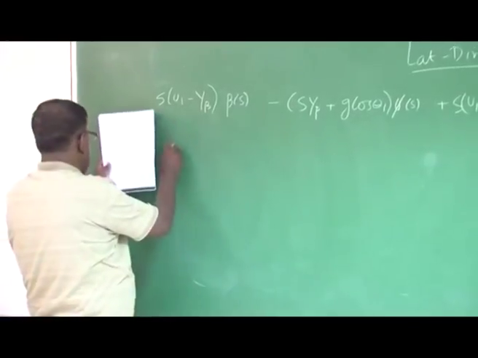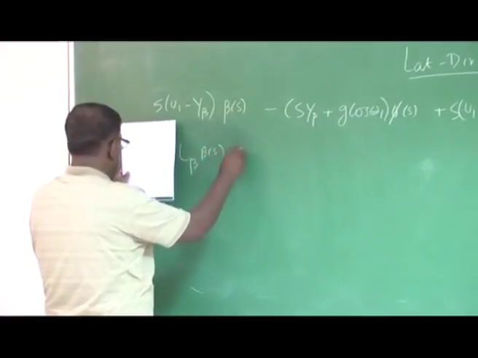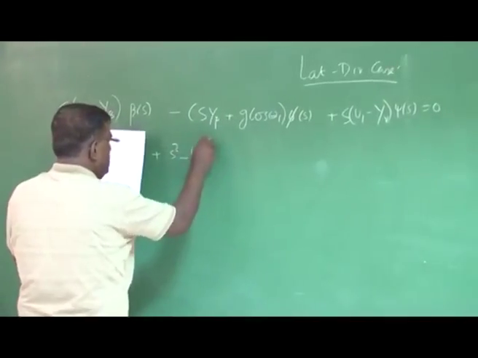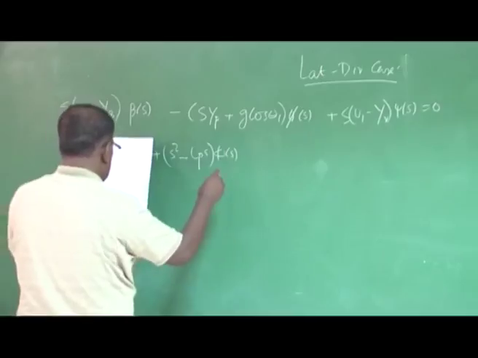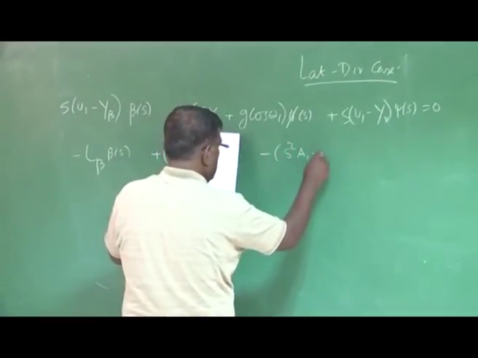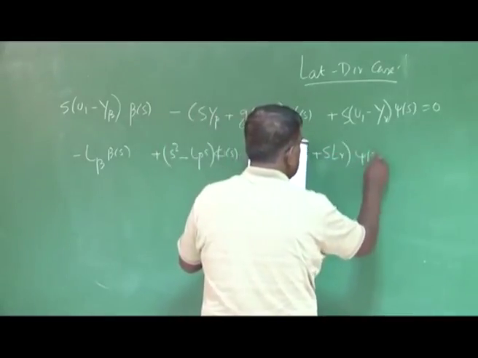And then minus L beta into beta of S, plus S square minus L p S into phi of S, minus S square A1 plus S L r into psi of S equal to 0.